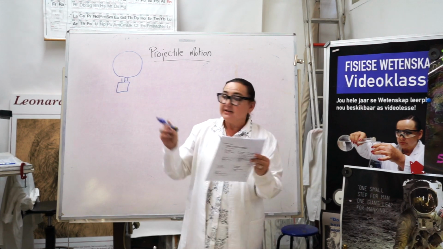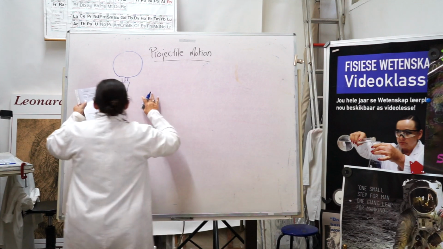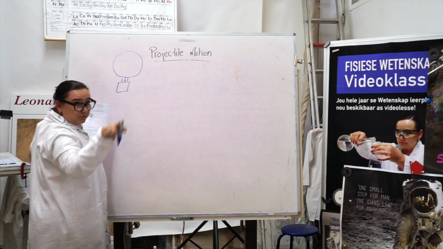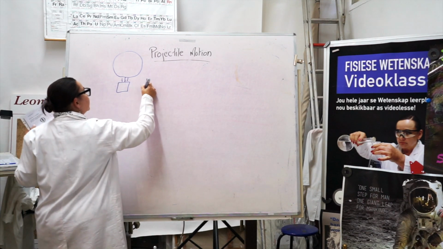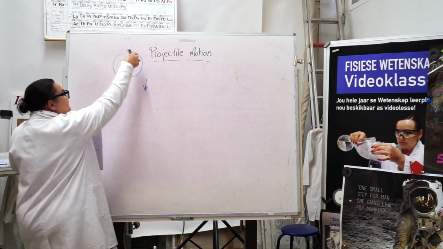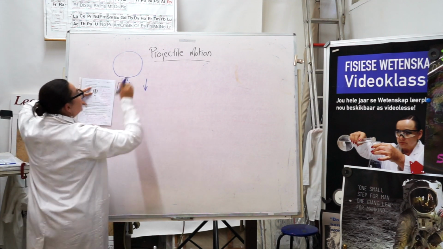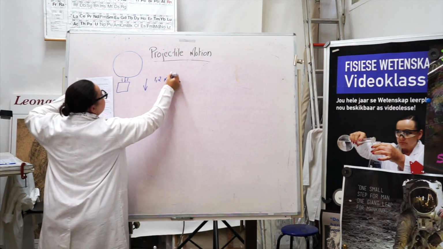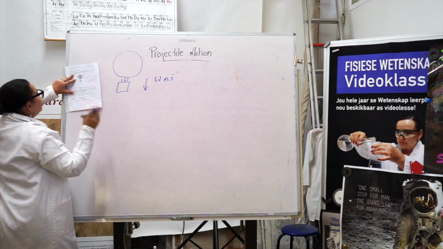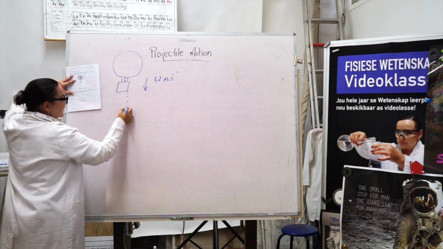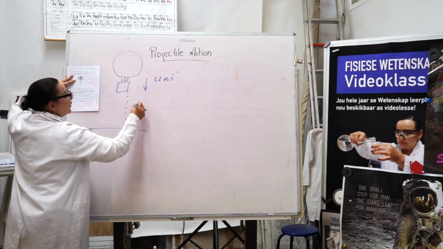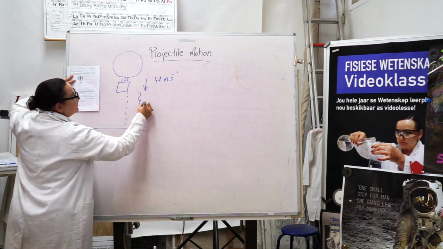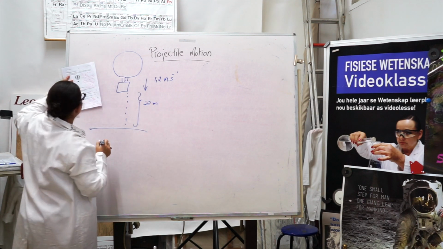They say that this air balloon is moving downwards. Oh my goodness. And it says it's moving downwards at a constant speed of 1.2 meters per second. Then it says it's at that stage at a height of 22 meters from the ground.